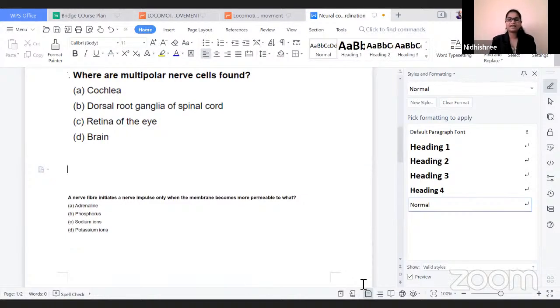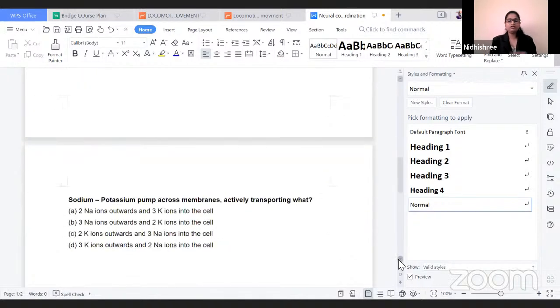It is correctly answered and first answered by Lohit, that is option C, sodium ions.